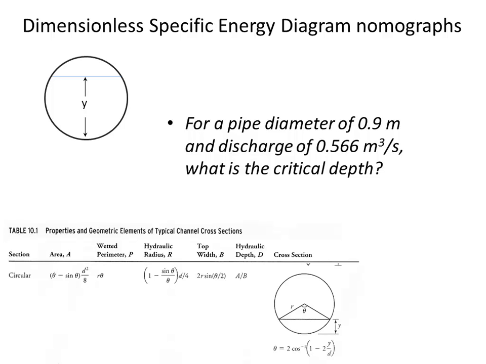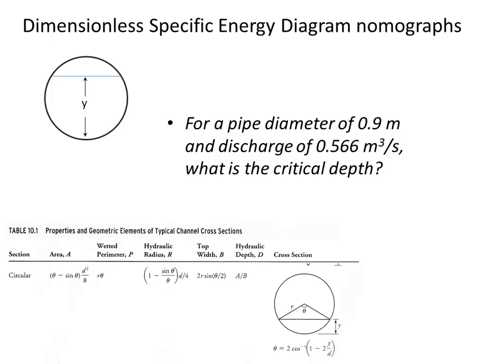It's asking what's the critical depth. Now the critical depth can be achieved if we lay the slope out on the critical slope. But there's an infinite number of depth possibilities depending on what slope is actually used. It could be a supercritical flow, it could be subcritical, but for a certain flow rate and a certain pipe diameter, this is the critical depth.